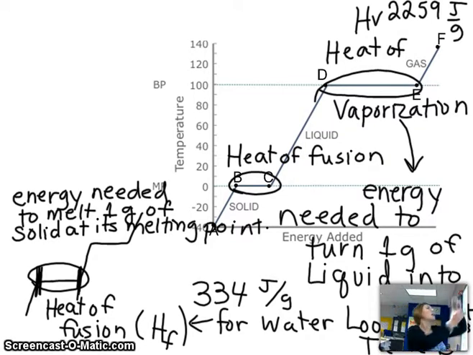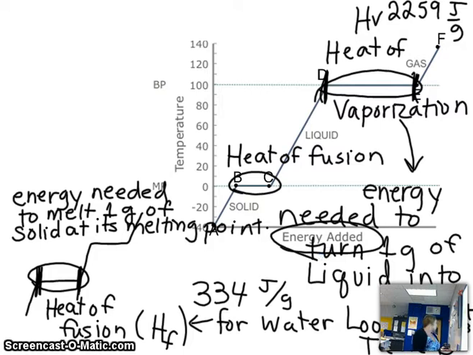So once you're already at the boil, it's the energy it takes to go from here to here, okay? And you would notice whatever this substance is, that is also a greater value than here. Not because it's at a higher temperature, but because the line is longer. The heat of vaporization line takes more time, takes more energy, if you think of this as energy added, than the heat of fusion. So those are two new terms I wanted to talk about.